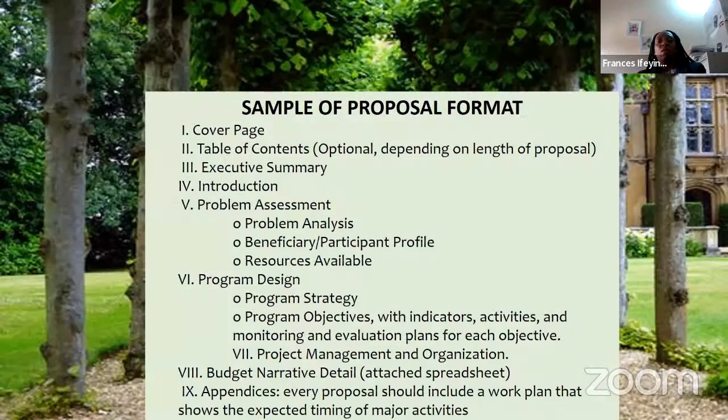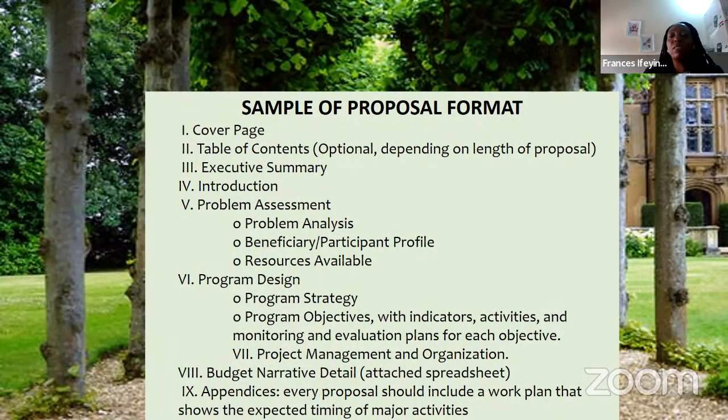I know we all have this, but this is just a pictorial of an average proposal format, where you have the cover page, table of contents, the executive summary, the introduction, problem assessment, talking about your problem analysis, beneficiary and participants profile, resources available.